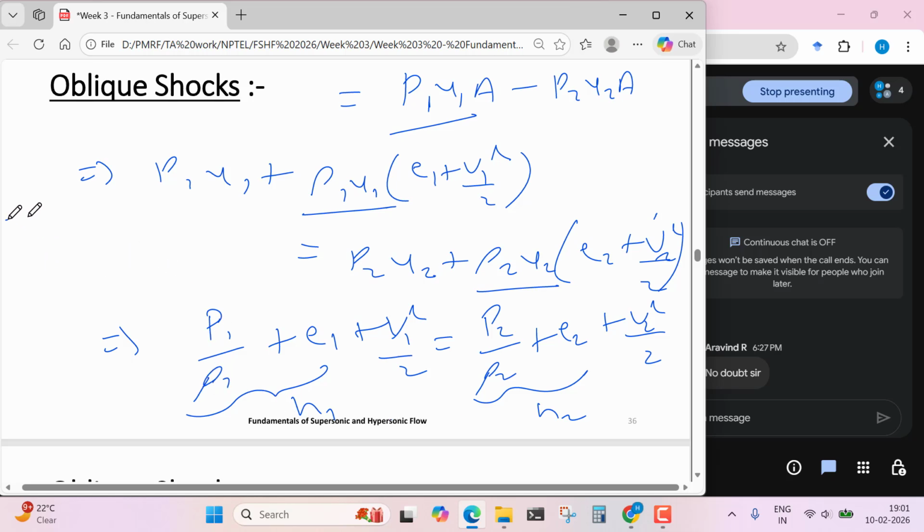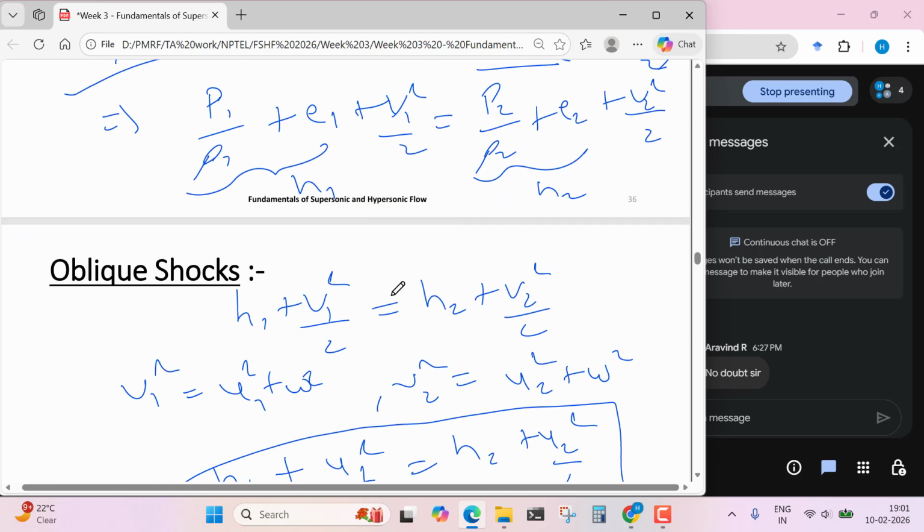And we know that H equal to E plus PV, or E plus P by ρ. So we can write E1 plus P1 upon ρ1 as H1 and E2 plus P2 upon ρ2 as H2. So ultimately we will get H1 plus V1²/2 equal to H2 plus V2²/2.